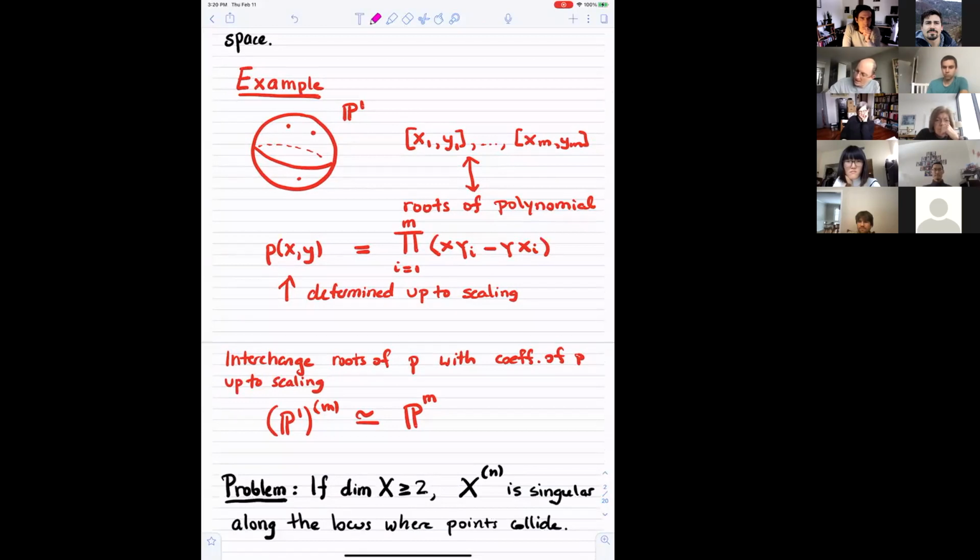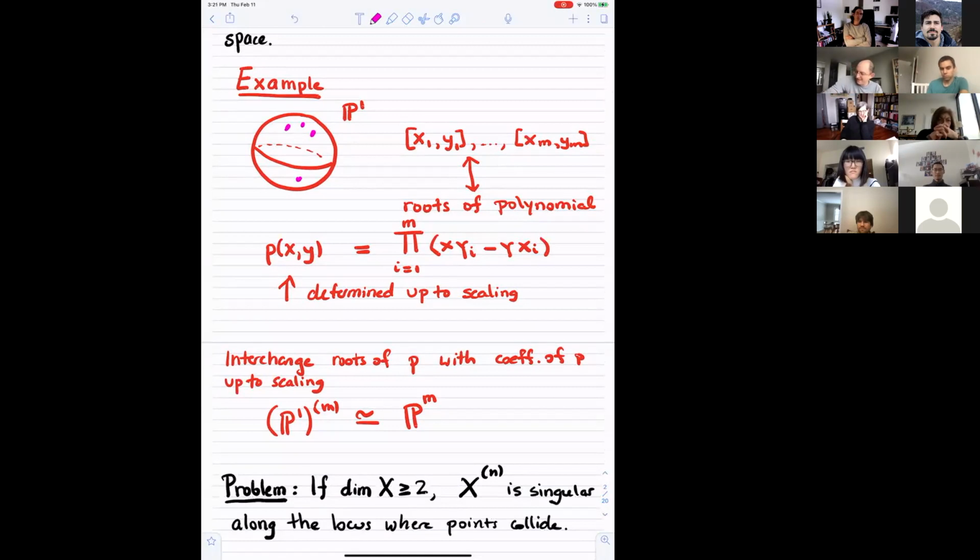Say that you have on the sphere M points, here are my points. I can write down the coordinates of these M points: x1, y1, through xm, ym. There's a way of thinking about it. Instead of thinking about the points, I can think about the polynomial that vanishes on these points.